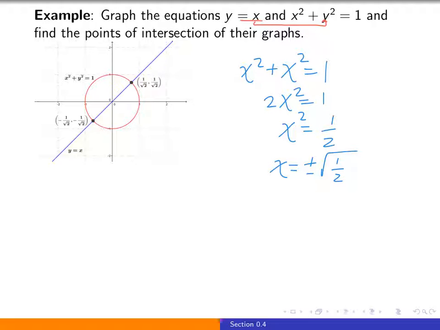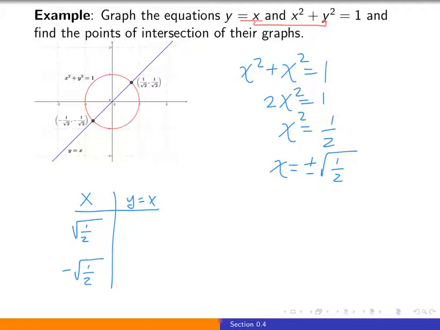And what we need to do for each of these x values is find the corresponding y value. So we have two possible x values: x equals the positive 1 over root 2 and the negative square root of 1 over 2. The corresponding y value comes from plugging back into the original equation, y equals x.